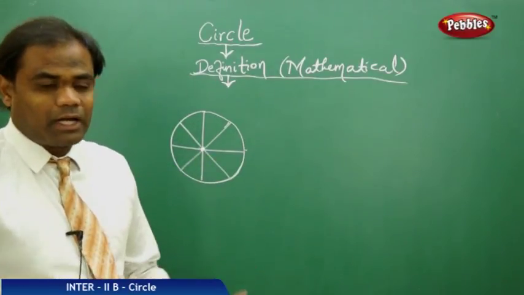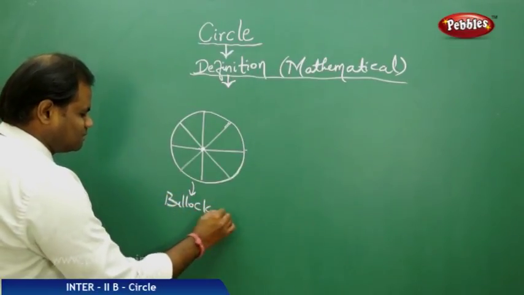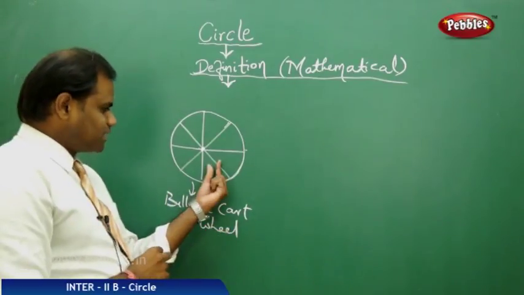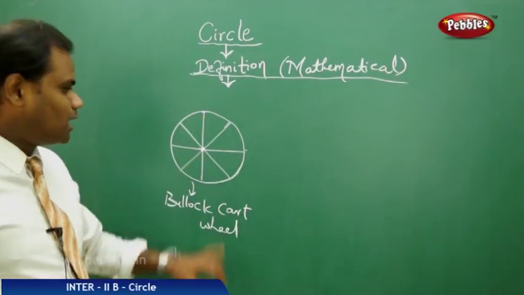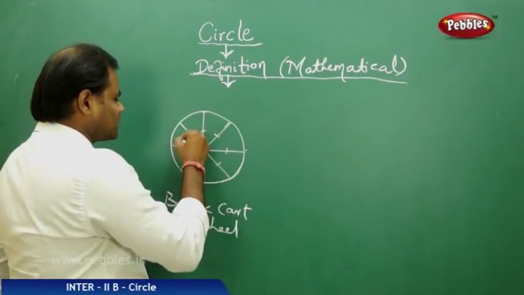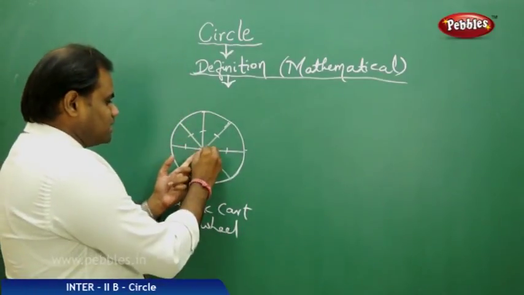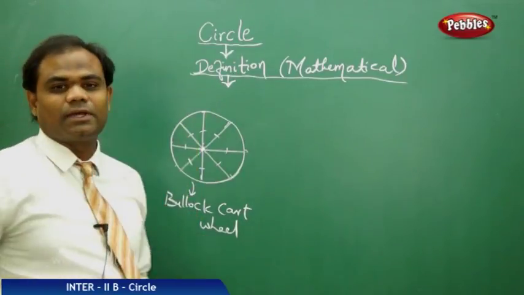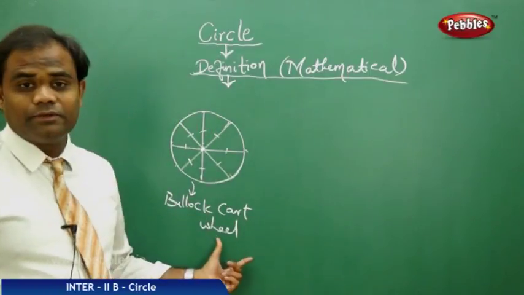So if I take a bullock cart wheel, then in this case I clearly see that each of the sticks which are attached to the end points of the rim of the wheel are equal, that is, they are equidistant, which makes me understand that in order for a perfect circle to be formed, the distance from the center to each of the edges of the circle must be the same, which is a real life example of a bullock cart wheel which we have seen.